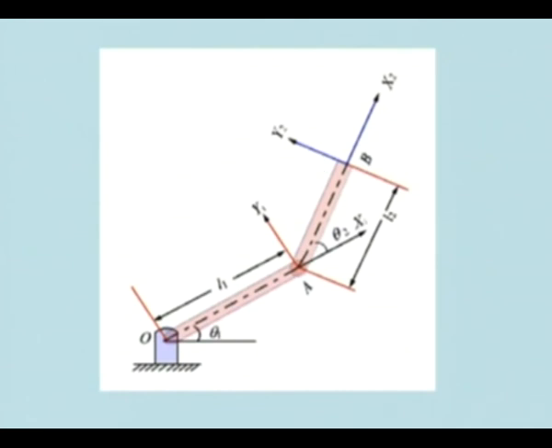So here link 1 is of length L1 and this angle is theta 1, and it is pivoted about point O, it can rotate, one motor is put, and link 2 is about this one. So this is theta 2, this is x1, y1, and this is L2.